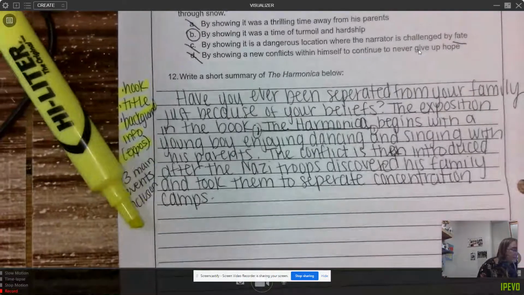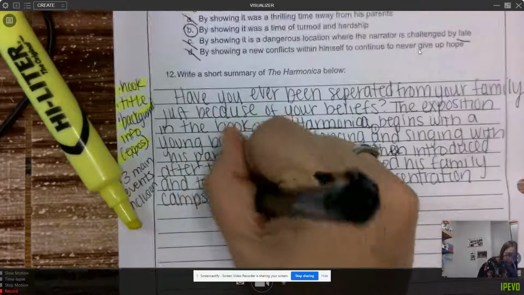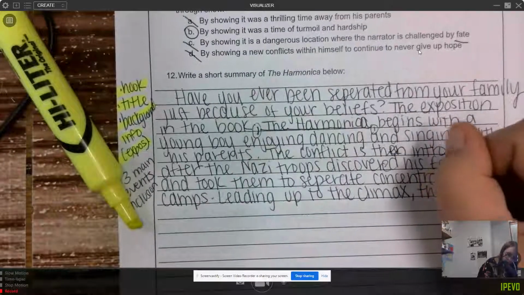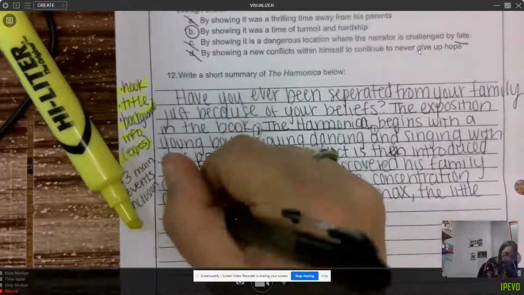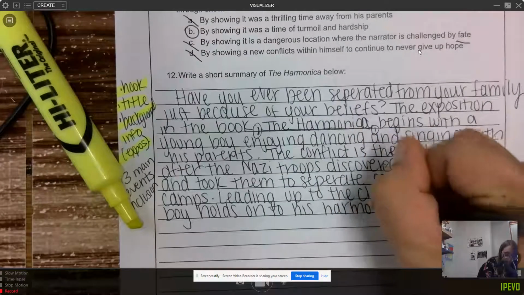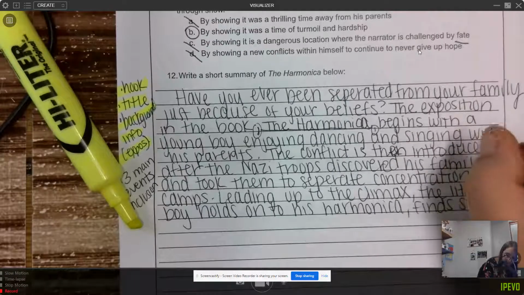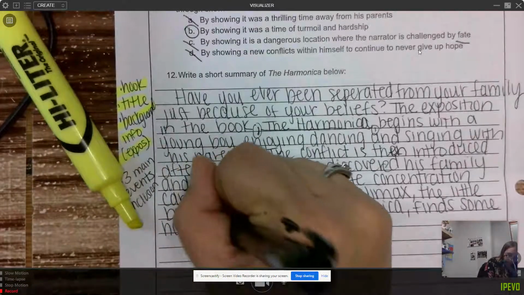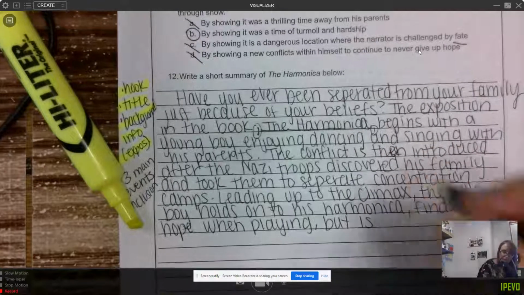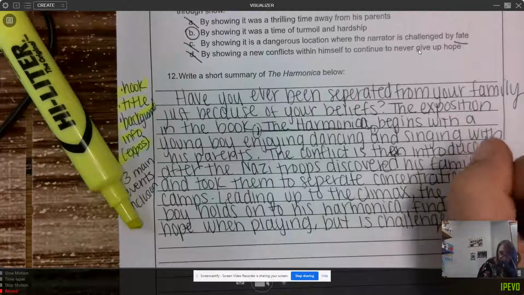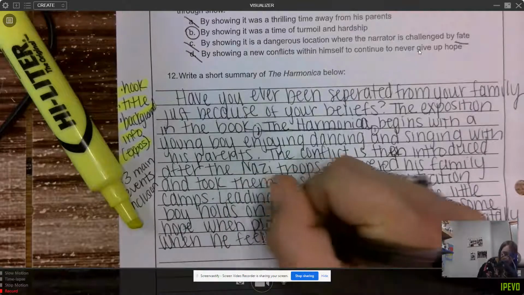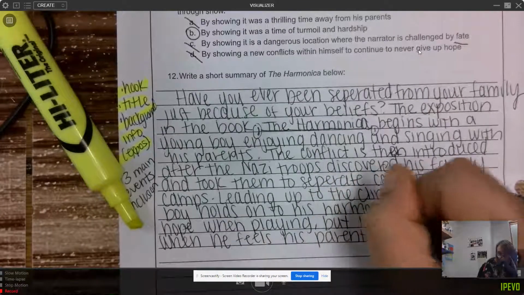events, right? So then I could say, leading up to the climax, the little boy holds on to his harmonica, finds some hope when playing, but is challenged mentally when he feels his parents' death.